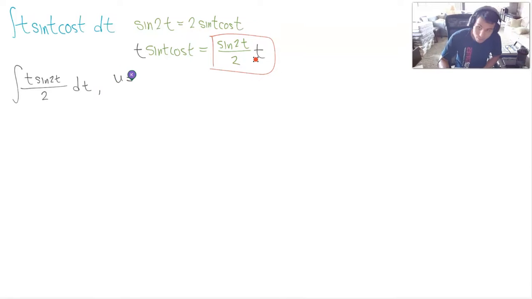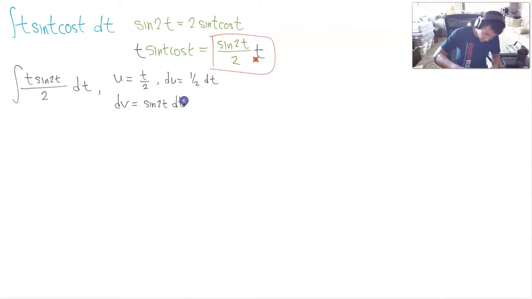Okay, let's just do that then. Let u equal t over 2. Then we know that du is equal to what? Actually, we'll stick with this. Then du is going to be just 1 over 2 dt. Then we'll let dv equal sine 2t dt.